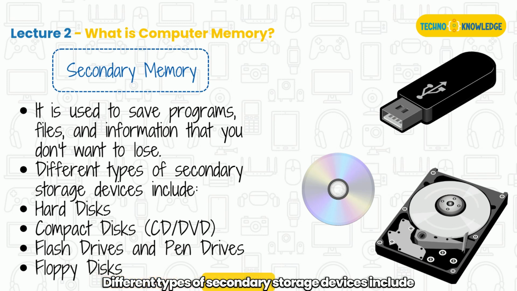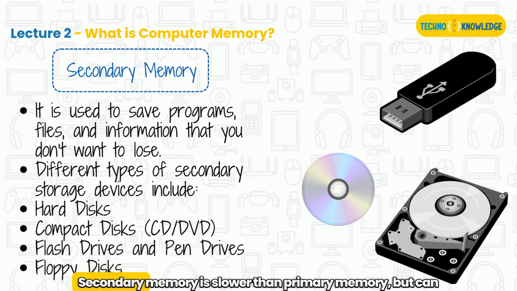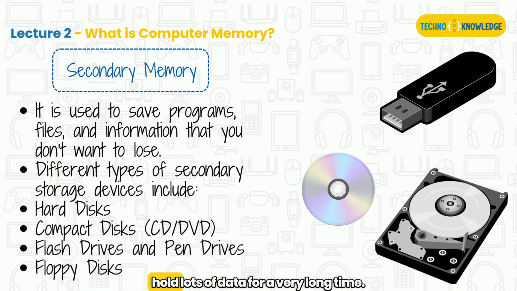Different types of secondary storage devices include hard disks, compact disks, CD or DVD, flash drives and pen drives, floppy disks. Secondary memory is slower than primary memory but can hold lots of data for a very long time.